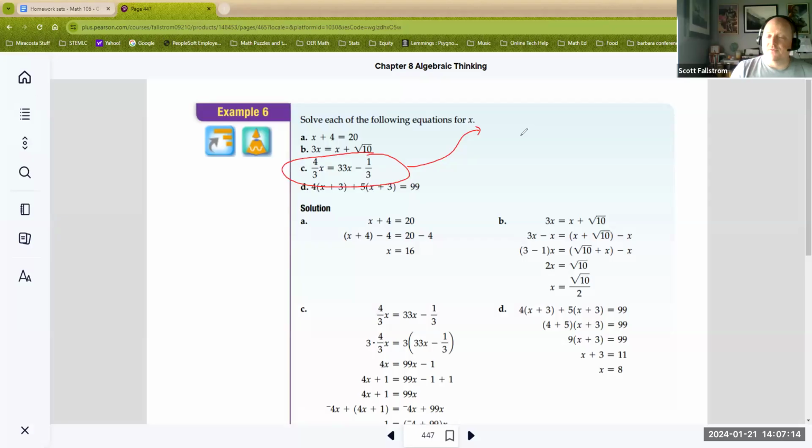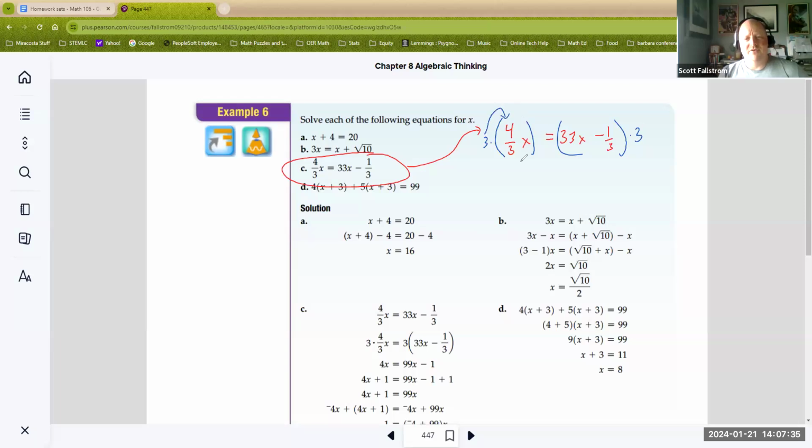So if you wanted to, you could multiply both sides by any number anytime you wanted. So if this is equal to 33x minus 1/3, you could say to yourself, I don't really want to deal with thirds the rest of the time. So I'm going to multiply both sides by 3.